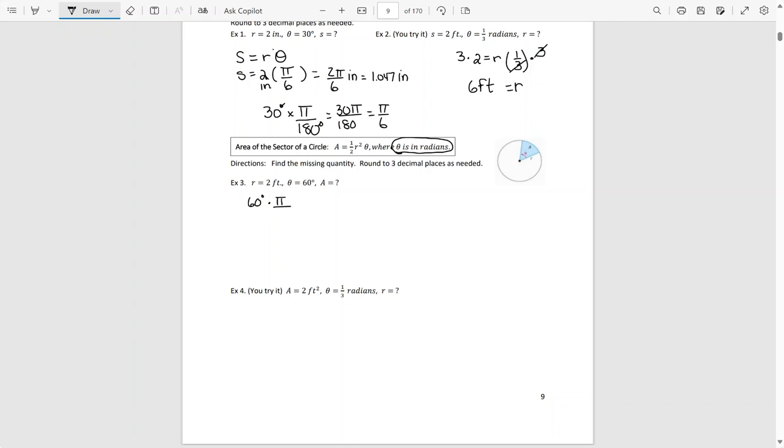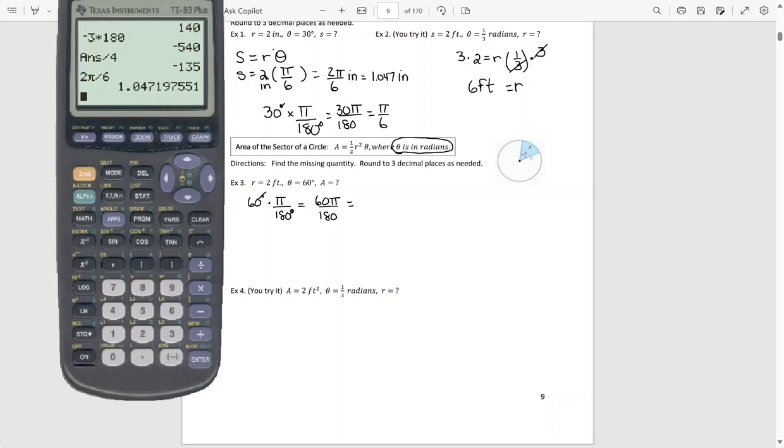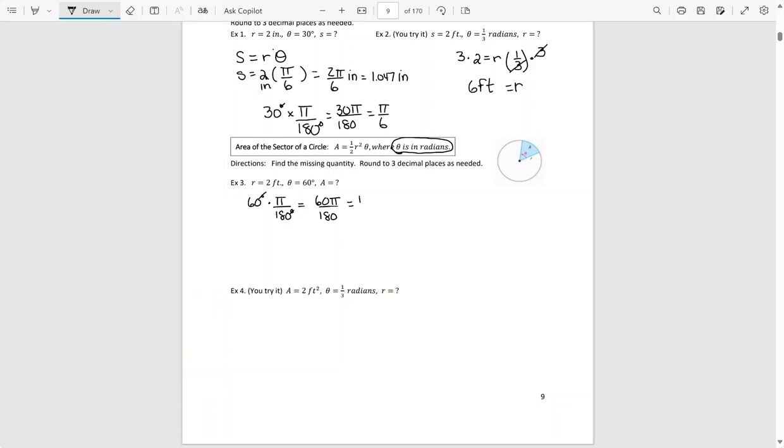Figure out what that is in terms of radian measurement. All right, so 60 pi over 180. And then, again, if you're going to use your calculator to help reduce, don't put the pi in. Just put in 60, divide 180, and then do math, enter, enter. All right, so pi over 3.